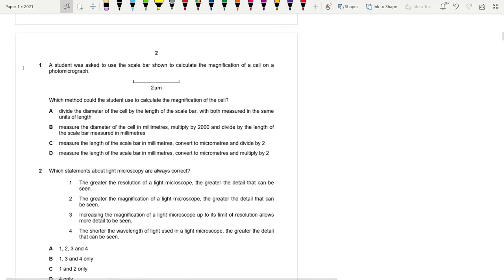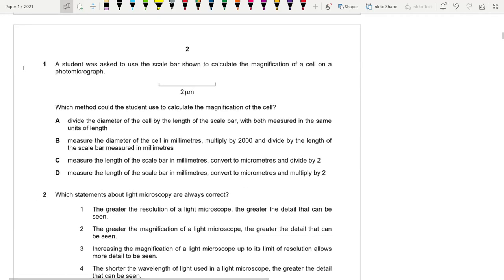Starting with question 1. A student was asked to use the scale bar shown to calculate the magnification of a cell on a photomicrograph. Which method could the student use to calculate the magnification of the cell? Okay, so we know that magnification is equal to image by actual.